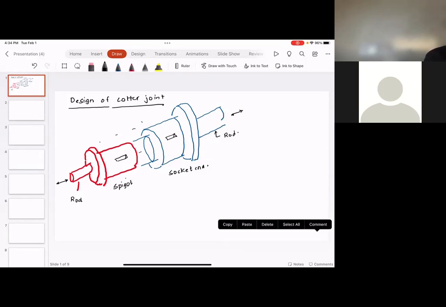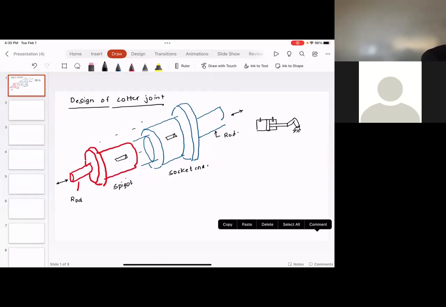Consider a steam engine. So steam engine has a cylinder. It has a piston cylinder type of assembly. And then you basically have a connecting rod that is attached from the piston side to the crank side. So connecting rod is attached to the crank.